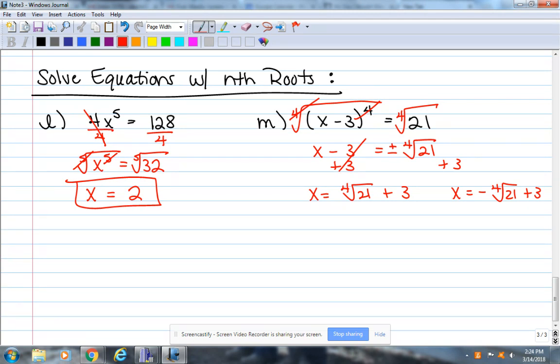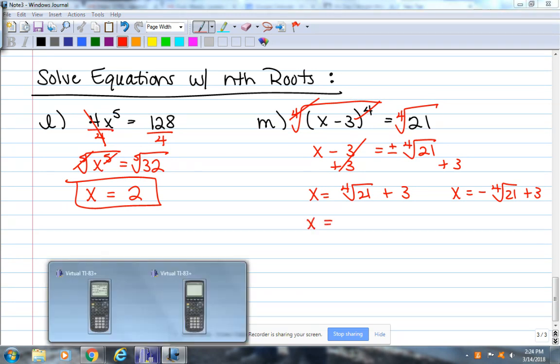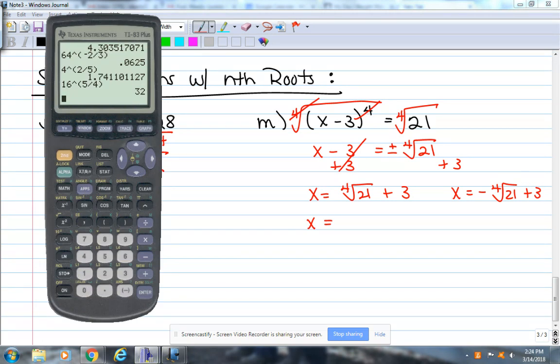So my calculator won't take fourth roots, but it'll raise it to a 1/4 power, won't it? So that's what I'm going to do. I'm just going to say 21 caret, parentheses, 1/4. And you can go ahead and put your +3 in there and get your whole answer. Just type it all straight in there. Does that make sense? Hit enter.